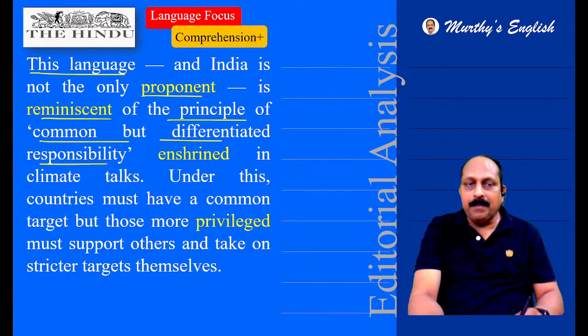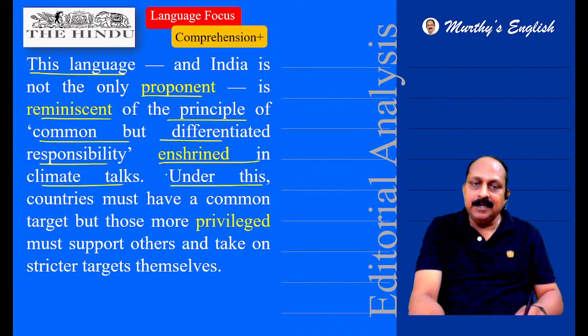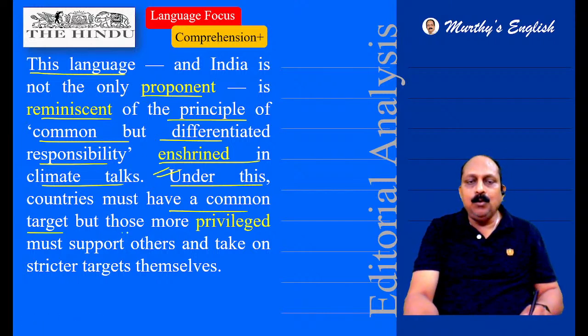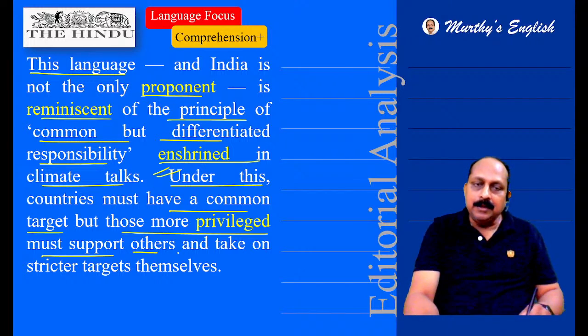It is reminiscent of the principle of common but differentiated responsibility, enshrined in climate talks. What does it mean? Here, the editorial tries to elaborate. Under this, countries must have a common target, to reduce pollution or greenhouse gases, but those more privileged, the advanced developed countries, must support others and take on stricter targets themselves.